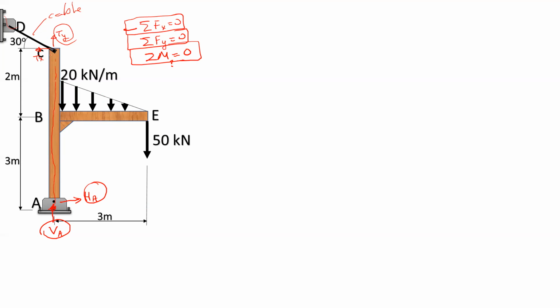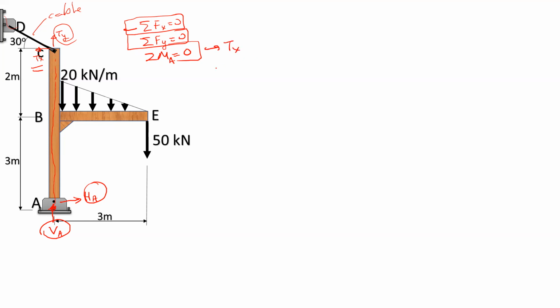So the only unknown reaction that causes a moment around point A is Tx. So by writing down the moment equilibrium around point A, I can just solve for Tx.